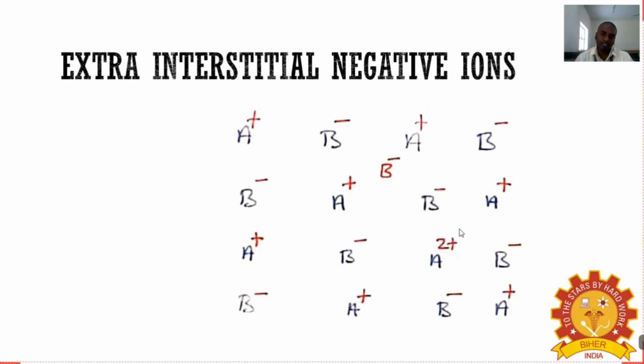This excess plus charge can be nullified by one anion present not in the crystal lattice. This B minus is not present in the crystal lattice. This type of crystal defect is called an extra interstitial negative ion. One negative ion is present in the interstitial area, not at a crystal lattice point. This type of defect is called extra interstitial negative ion defect.